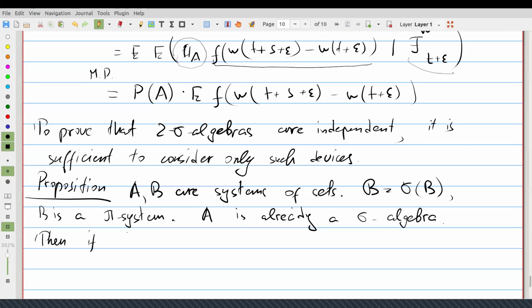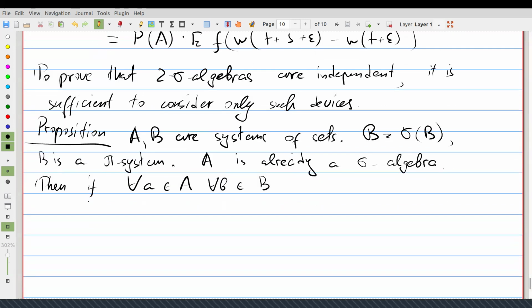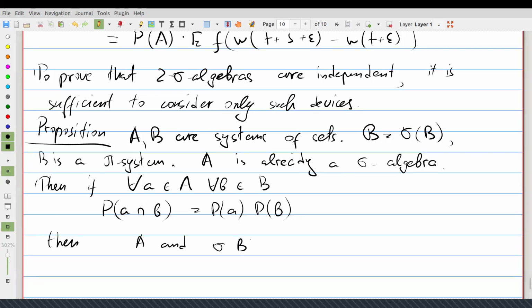Then if for any set from our sigma algebra and any B from our B capital, so not all sets from sigma of B, but just a part of them, we have independence of the corresponding events, then A and sigma of B are independent.